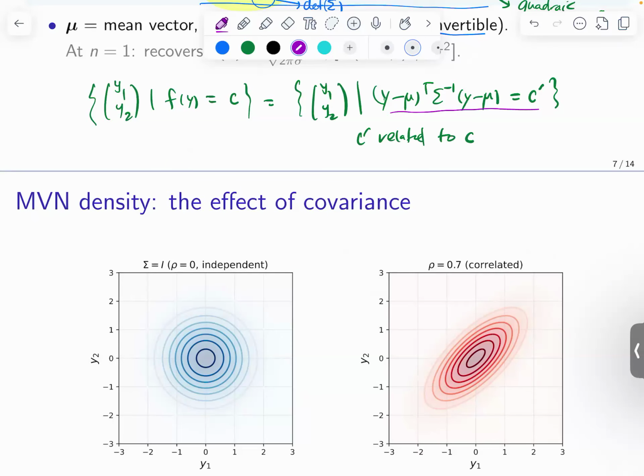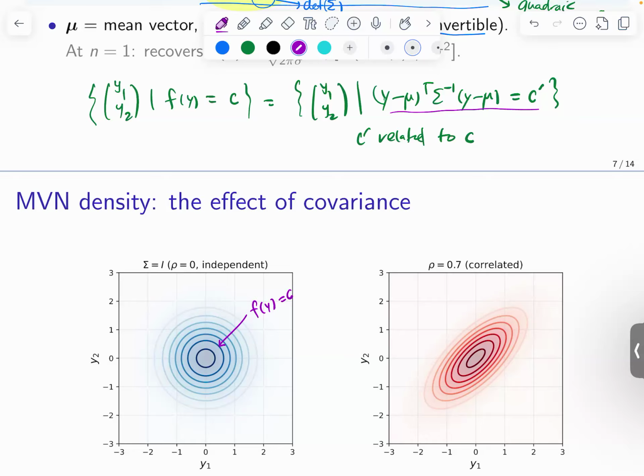What it means is that on one of these, let's say on this circle here, this is the case where you have zero correlation. f(y) is the same, so all the y's have the same density. So they're equally probable. And the shade tells you the strength. So this is a larger value.